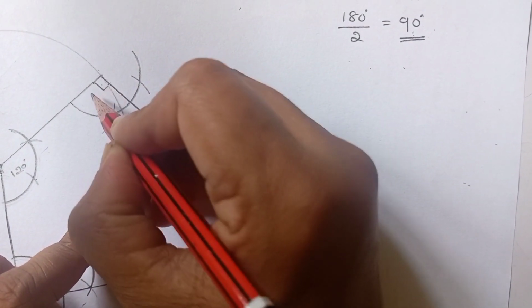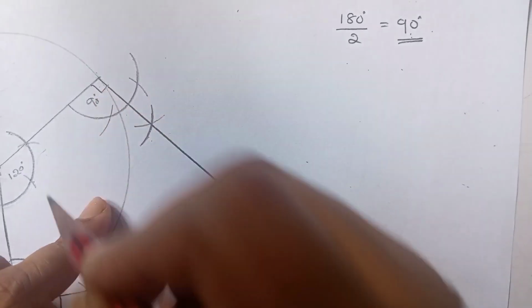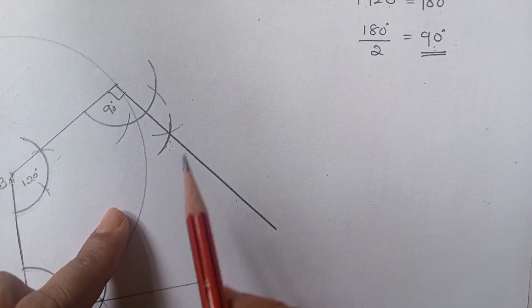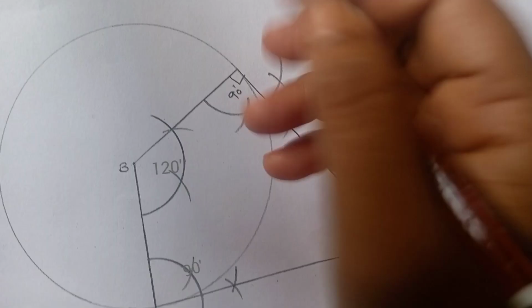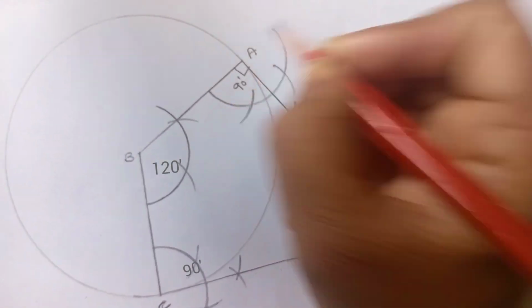This angle measures 90 degree. You can verify this by using the protractor. You can see that it measures 90 degree. Let us name this point as A.